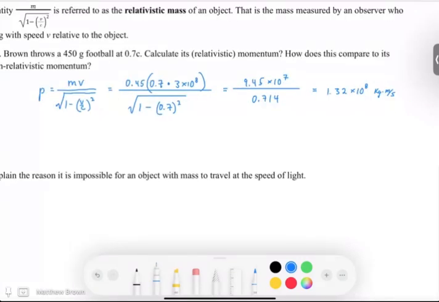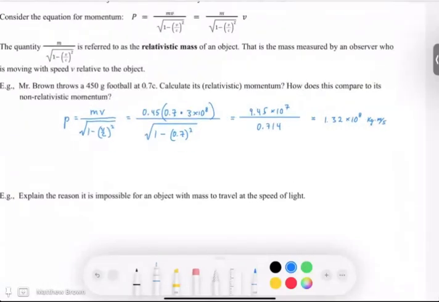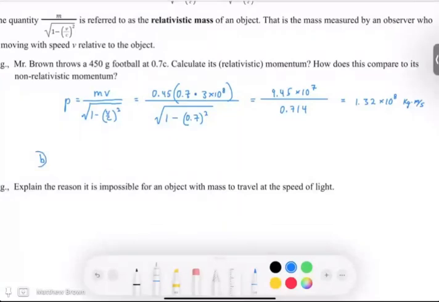And I kept those numbers because if we want to compare this, how does this compare to its non-relativistic momentum? So part B, let's put that here. Well, if we looked at non-relativistic momentum, that is to say we're not going to account for relativity, then basically we're not going to have this denominator here. That's the only difference.